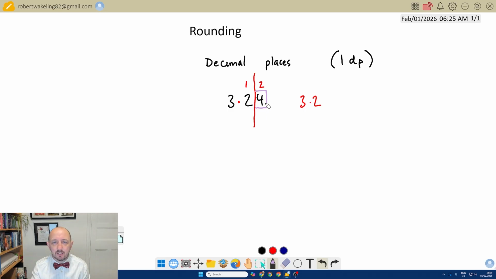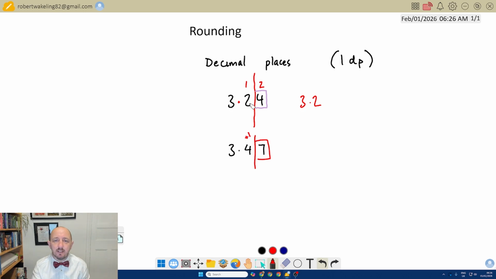If this digit here is a 5, 6, 7, 8 or a 9, so 5 or above, then this goes up by 1. What does that look like? 3.47. We cut the number after the first decimal place, so 3.4, but the next digit rounds up. So this will be increased by 1.